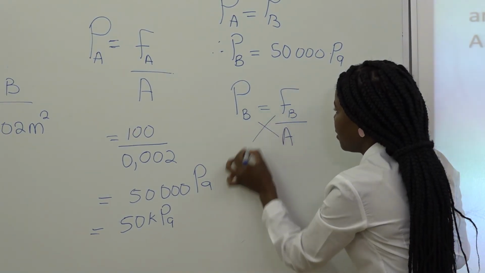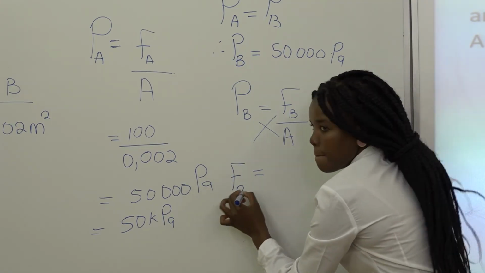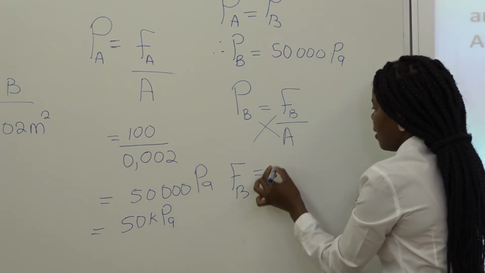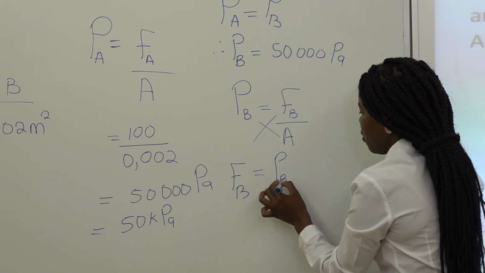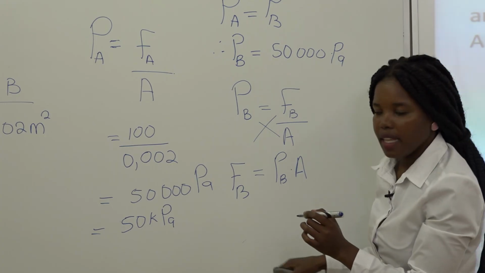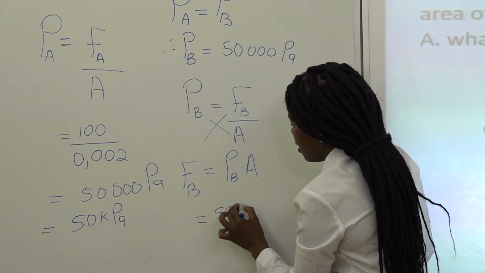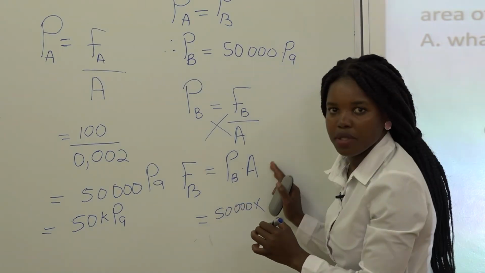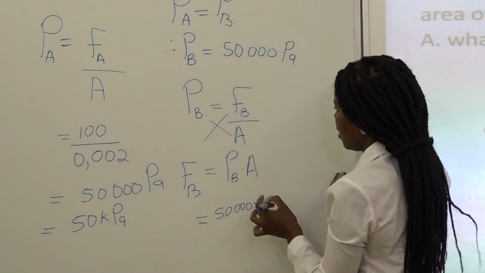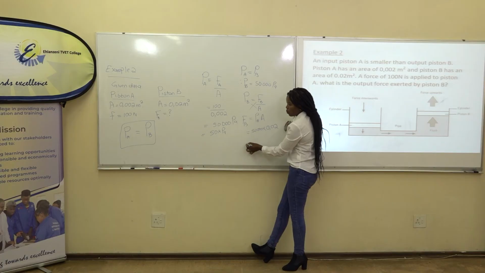So we cross multiply, and our FB will be PB, the pressure applied, times the area. The pressure applied is 50,000 times the area, which is 0.02.